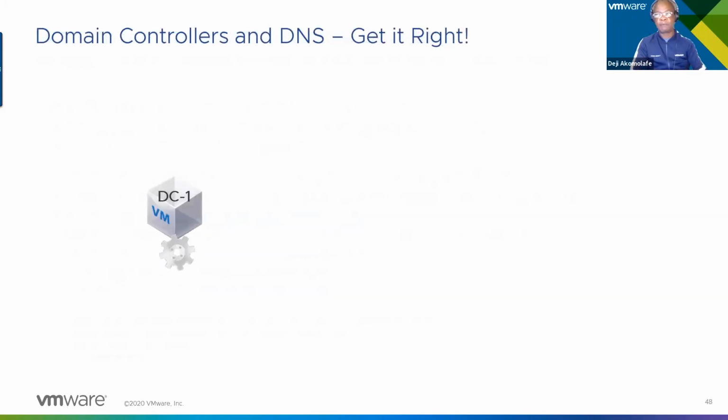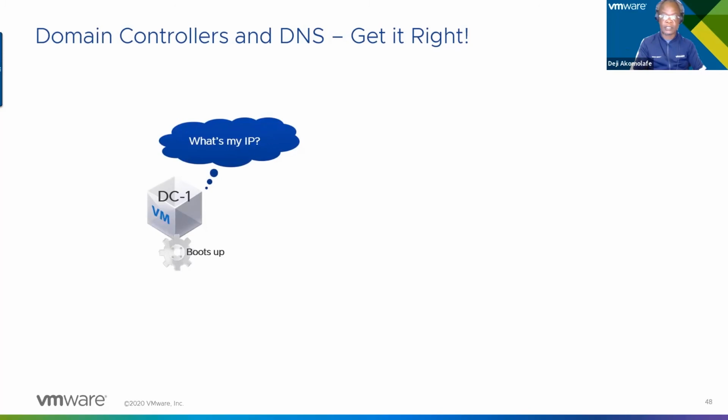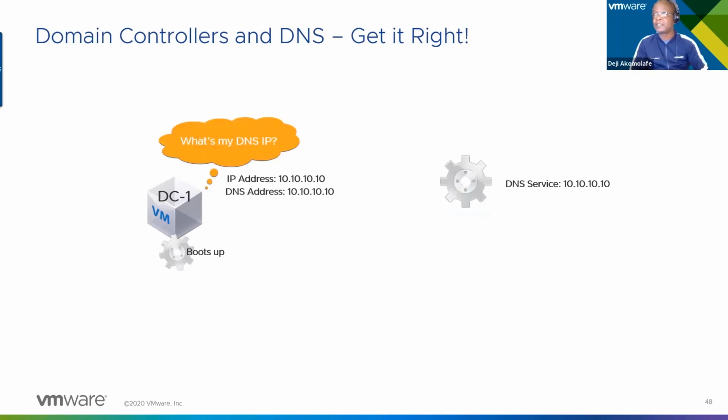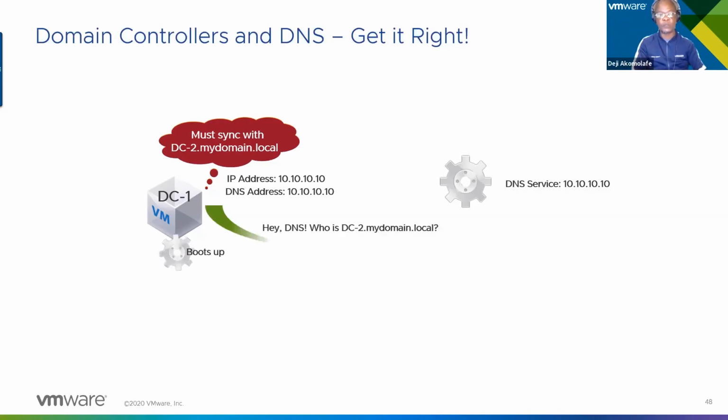Here is an example of what I just mentioned. DC1 is starting up. The first thing it does is initialize its TCP/IP stack. What's my IP address? What's my DNS address? If you notice, this server is pointing to itself as its own DNS server. It is required to sync with another DC. So it says, I must sync with DC2.